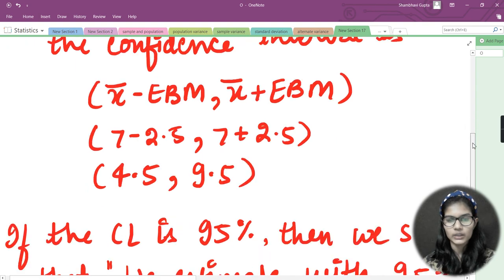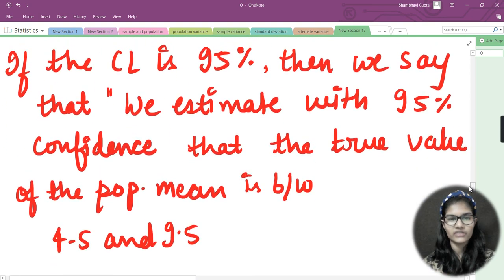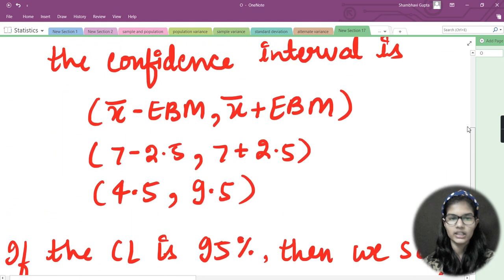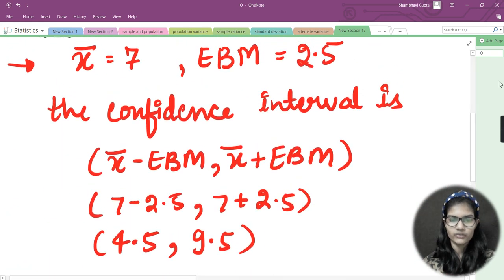Then we concluded that we estimate with 95% confidence that the true value of the population mean is between 4.5 and 9.5. I hope you now have an idea about some more parameters and definitions in the confidence interval, and how to solve a question on it. If you get a question asking you to find the confidence interval, this is how you will solve it.